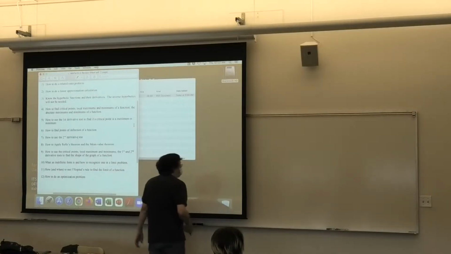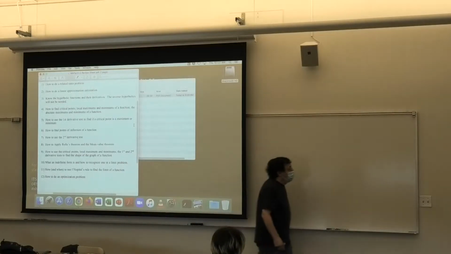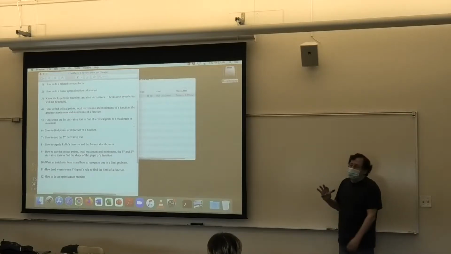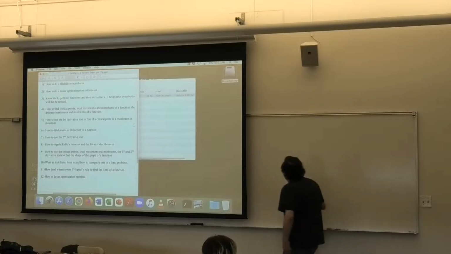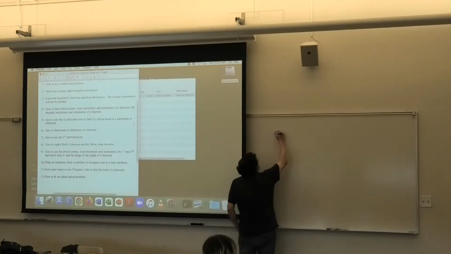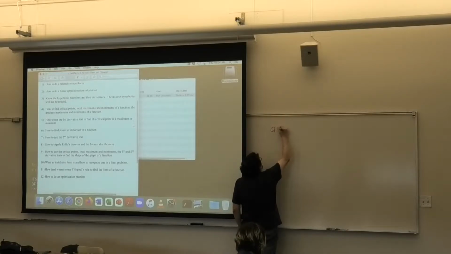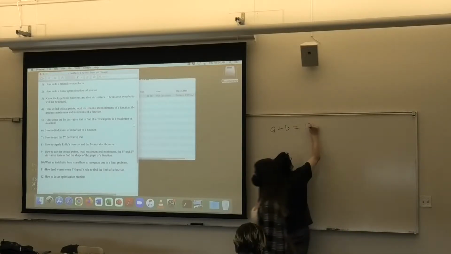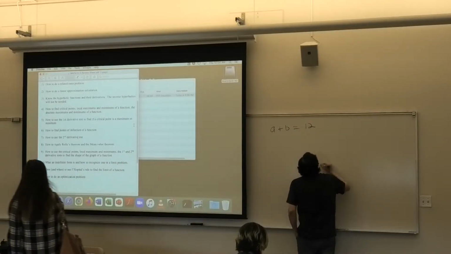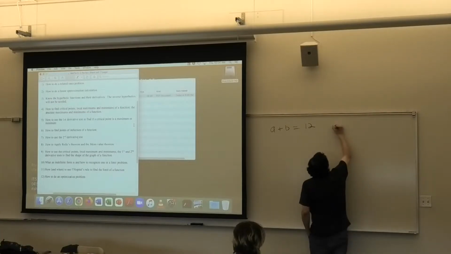So, related rates. Let me do a simple related rates problem. Say you have two values, a plus b, and they're equal to 12, and you want to maximize.